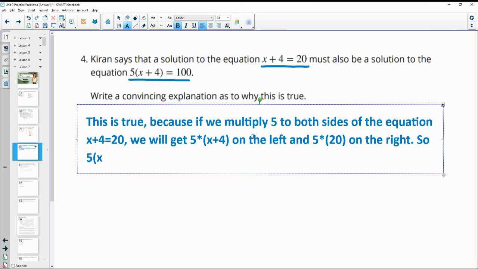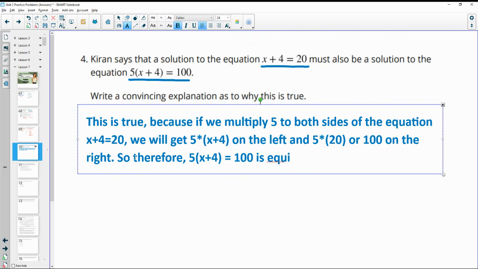So 5 times (x plus 4) equals 5 times 20, which is 100, right? So maybe I'll just put in here equals 5 times 20 or 100 on the right. So therefore, 5 times (x plus 4) equals 100 is equivalent to x plus 4 equals 20.